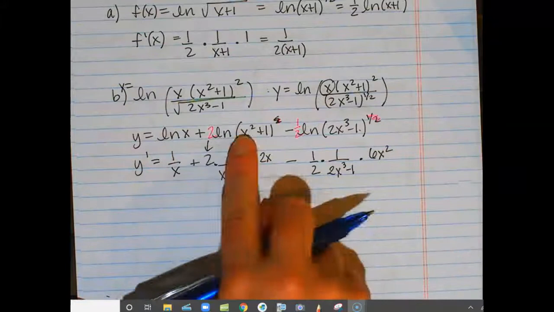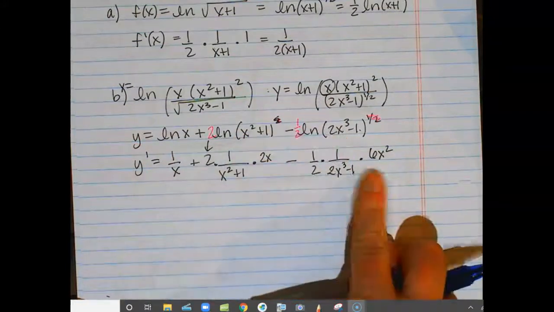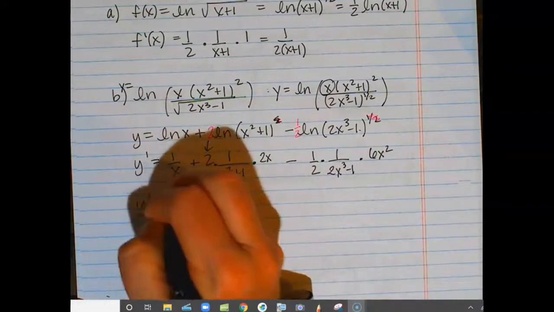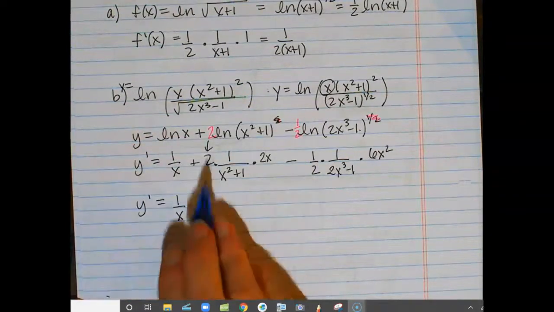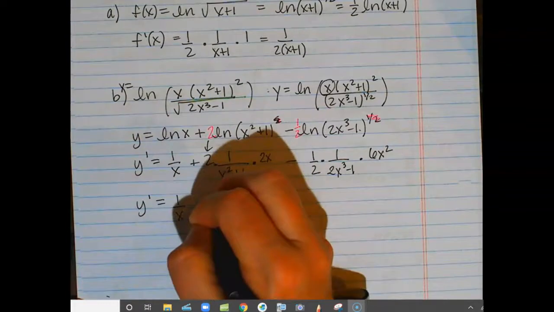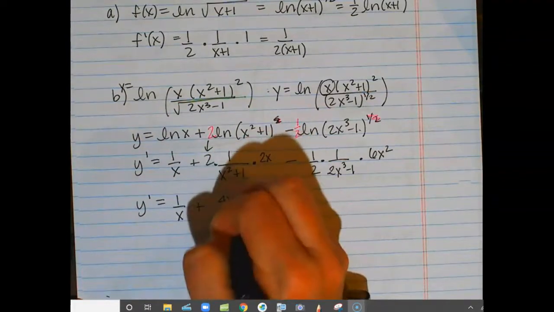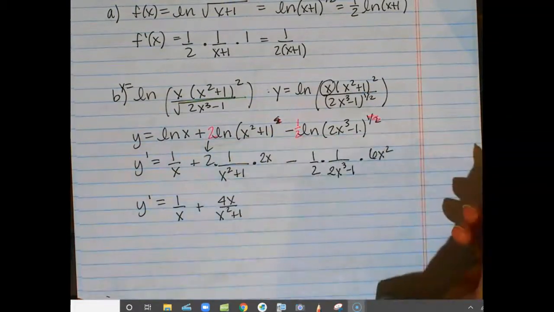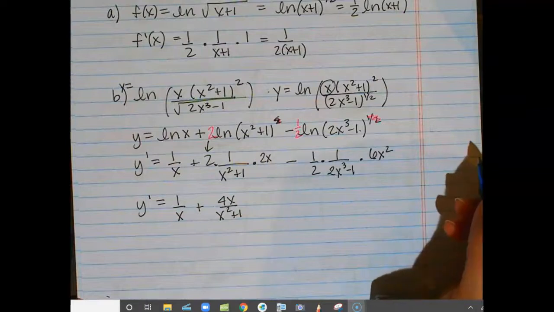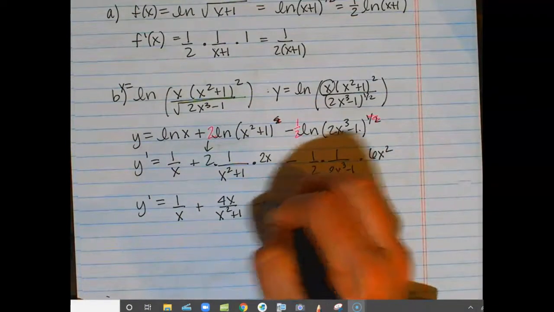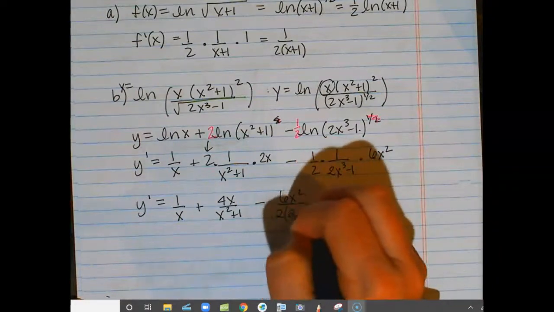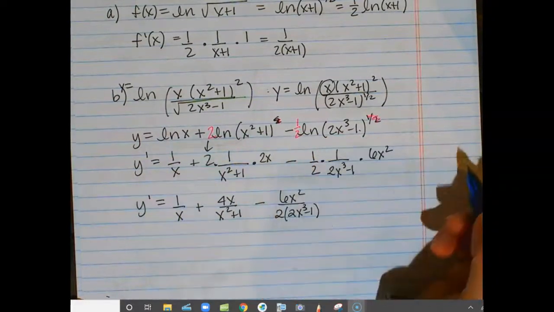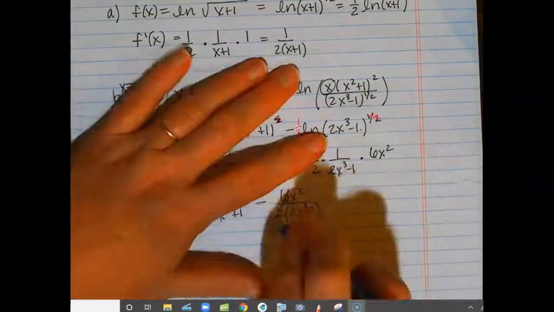So each of these pieces has its own derivative, and this is too messy. We're going to neaten it up a little bit. We have 4x in the numerator on this one, and x squared plus 1 in the denominator. We have 6x squared and 2 times 2x cubed minus 1 in the denominator. I should have written 3 there.